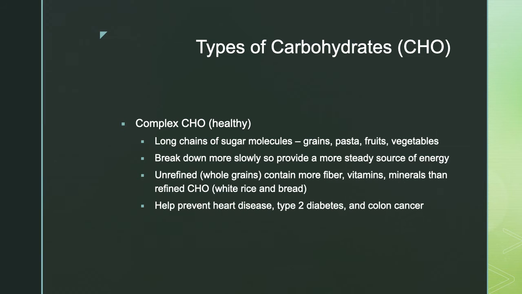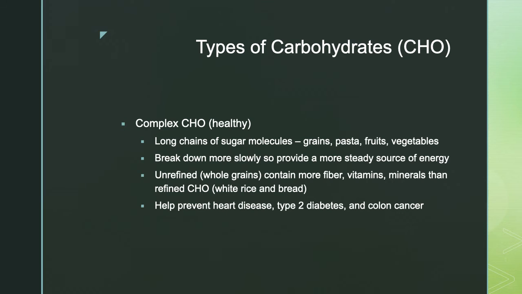The second category of carbohydrates are complex carbohydrates. And these, as we mentioned earlier, are the long chains of sugar molecules that we see in grains, pastas, fruits, and vegetables. And grains and pastas that are whole grain are actually more complex and better than just your plain, for example, white rice, white pasta.